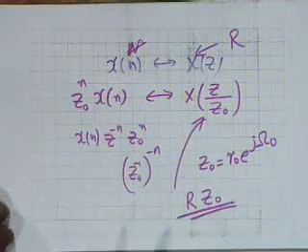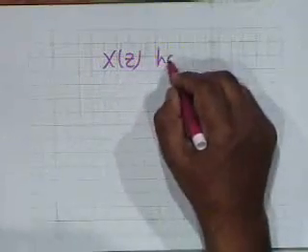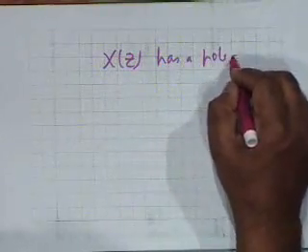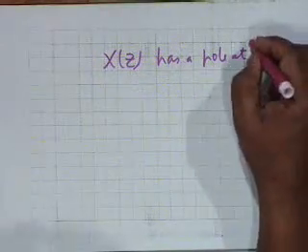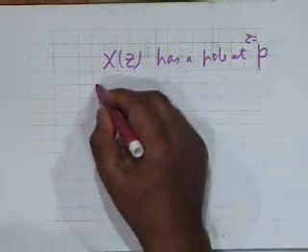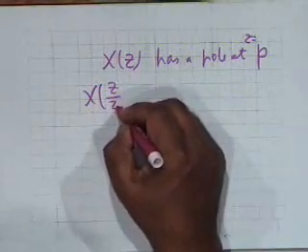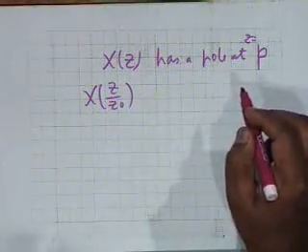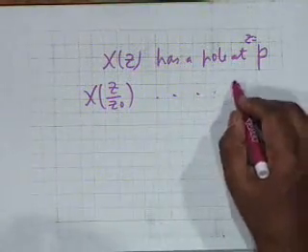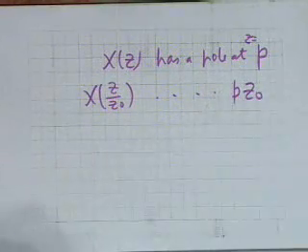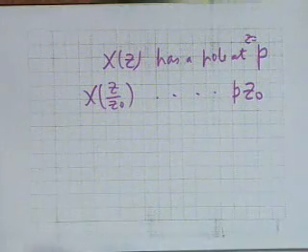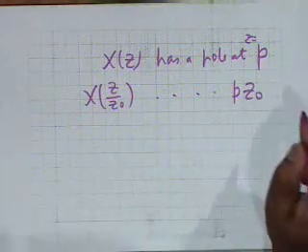Now, which means that if capital X of z has a pole at, let us say, z equal to p, then capital X of z by z naught has a pole at p times z naught. All right? What does this mean?